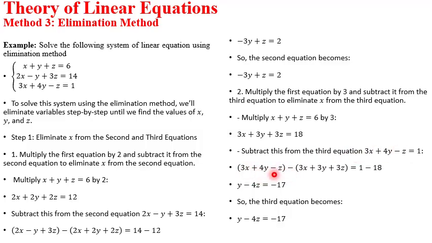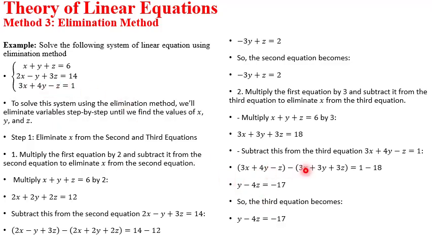We've written down what is on the left hand side minus what is on the left hand side here, and what is on the right hand side, which is 1, minus what we've got here, minus 18. So 3x minus 3x gives us 0. So we have successfully eliminated x from the third equation.